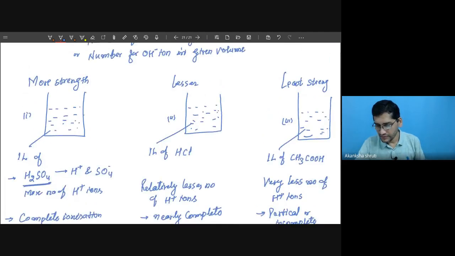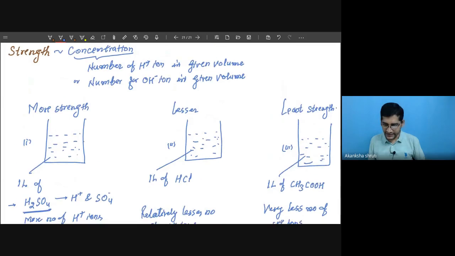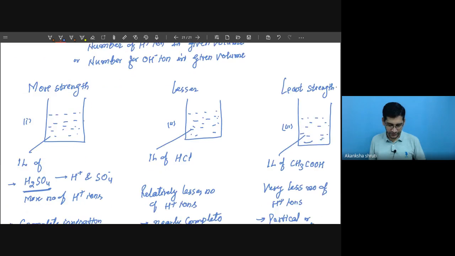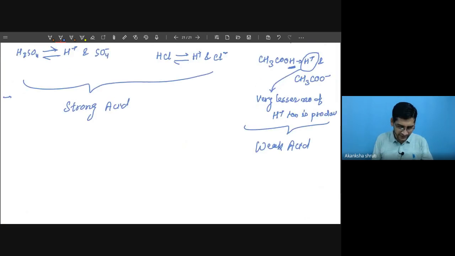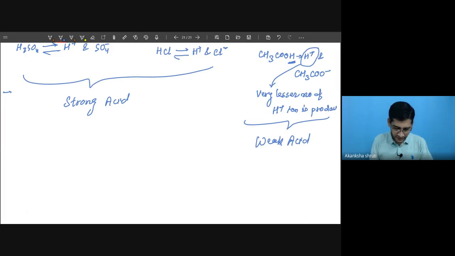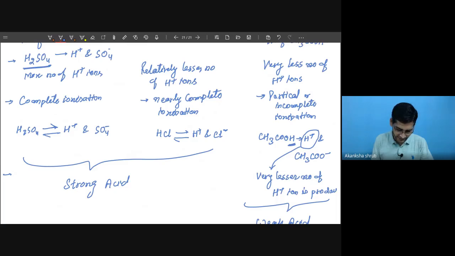Now, to specify this strength, we use a scale which can tell us how much hydrogen ion is produced. So about that scale we have to learn. Student, you can write a few examples. A strong acid is one which is able to totally ionize, or completely ionize.